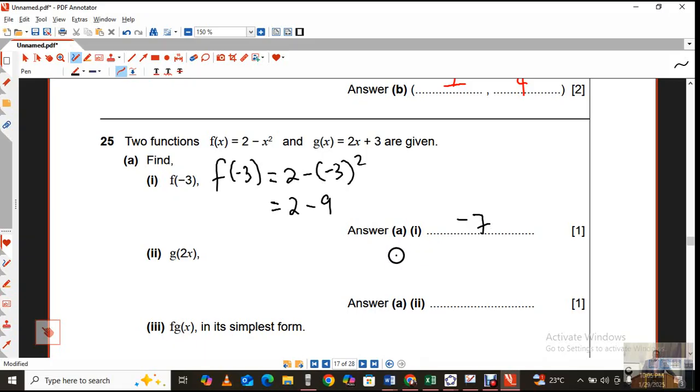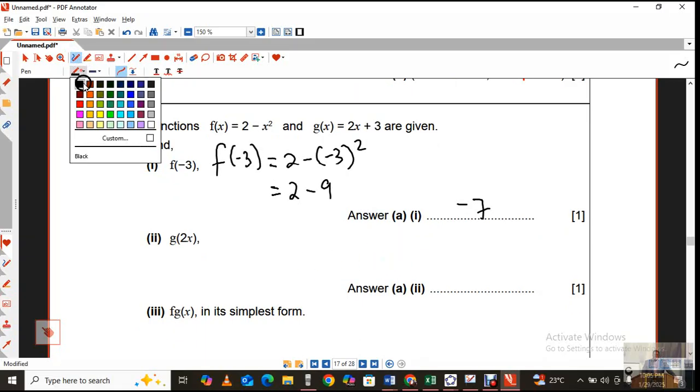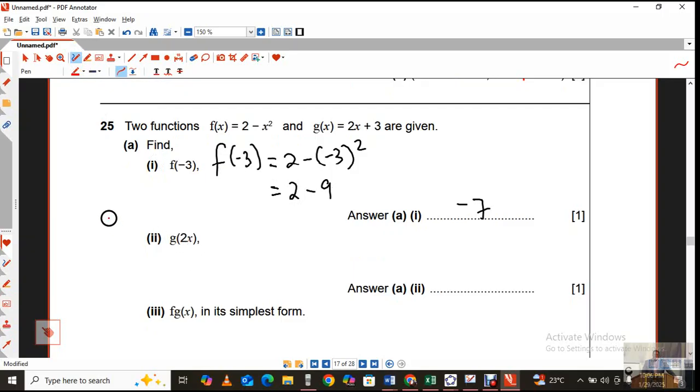The same you do at g. The only difference is that at g, the function has got some letter. So you're going to replace that x with the g of x. That was 2x, rather. So I will be saying g of 2x is equal to 2 plus 3, and here I'll replace it with 2x.